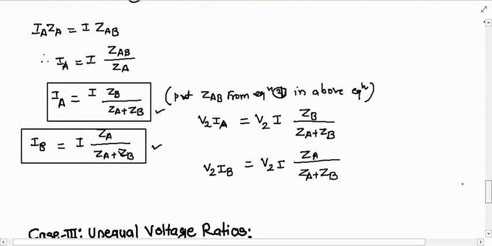Now students, we know what V2 into I into 10 raised to minus 3 is.